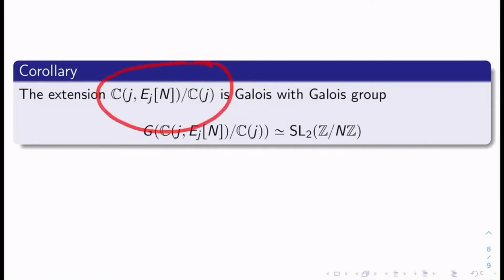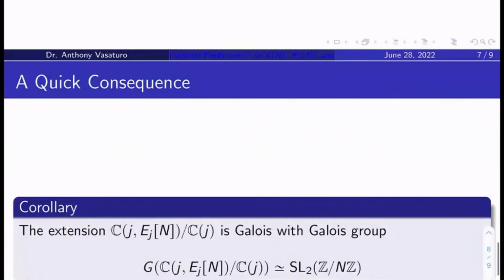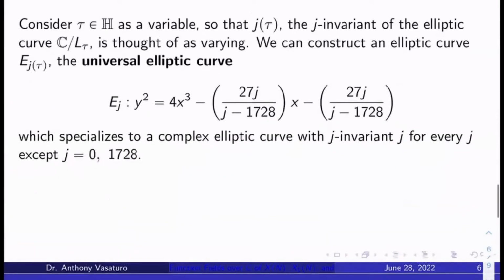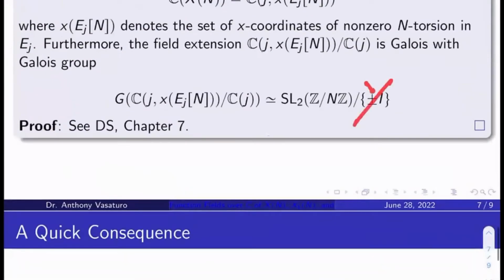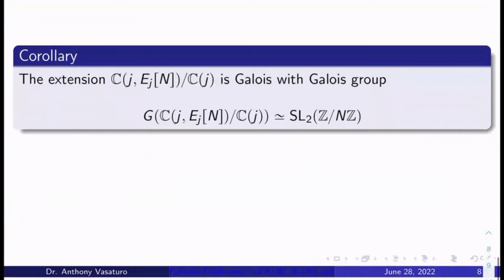Its Galois group is going to be SL2 of Z mod NZ, basically because if you look at the formula for our universal elliptic curve, to every x coordinate of every capital N torsion point, there will be 2 y coordinates, depending on which sign you choose, plus or minus. So you're removing this mod plus or minus identity when you move from the x coordinate torsion field to the full torsion field. This is a pretty neat little fact, and we'll use this.